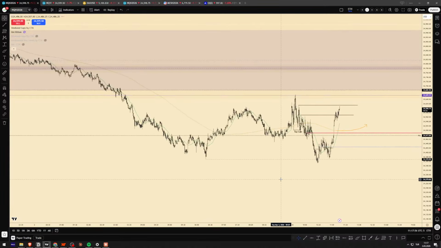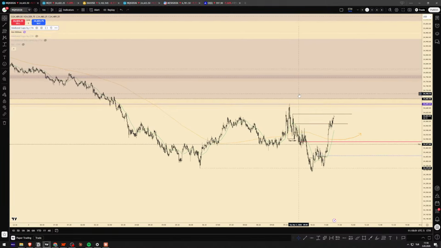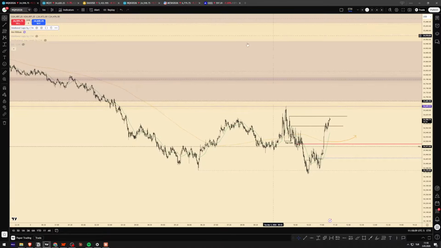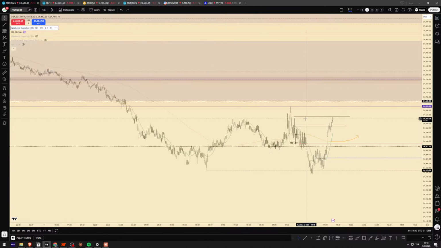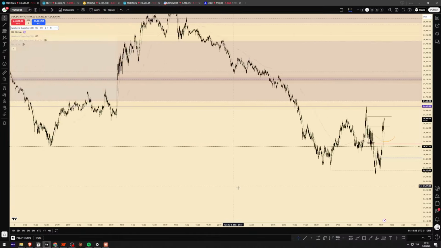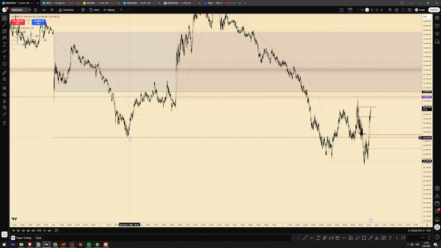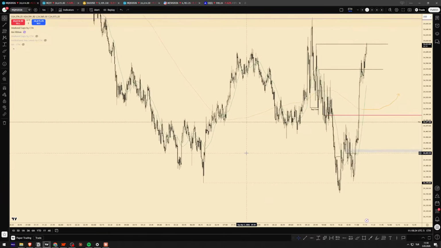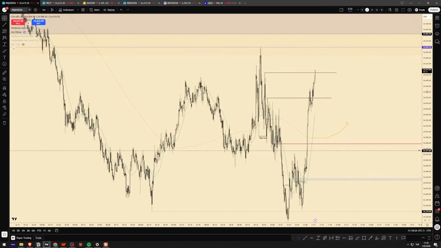But then I was also considering the previous day low. This is not the only component of my idea. I didn't target it just because there is this weekend gap over here. Price already took this previous day low, accumulated below nicely and started its expansion.